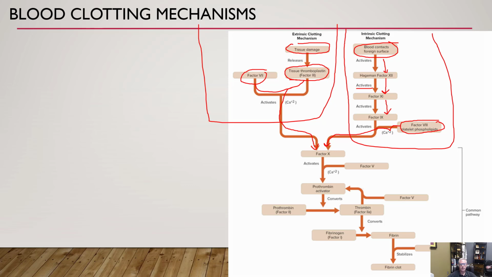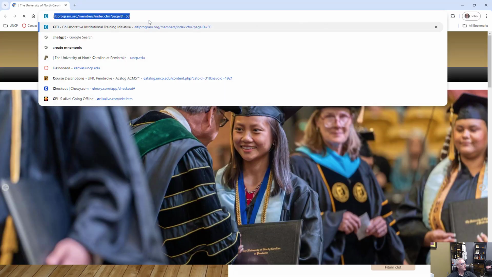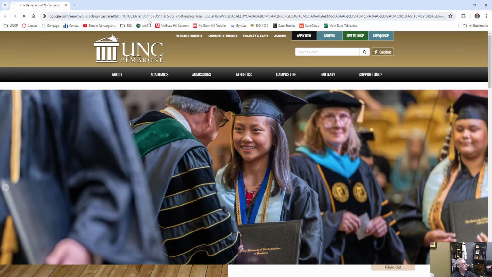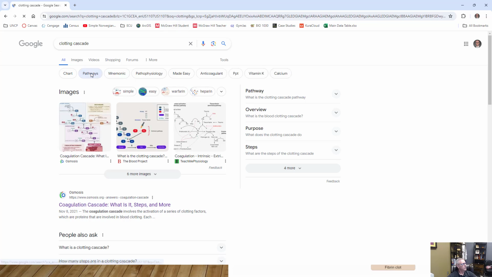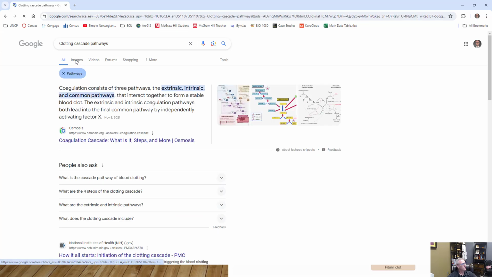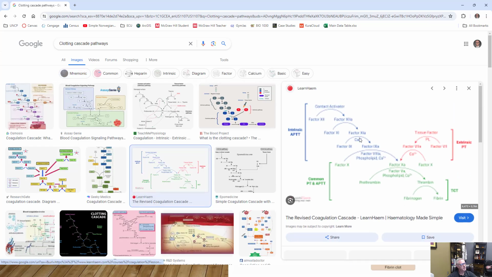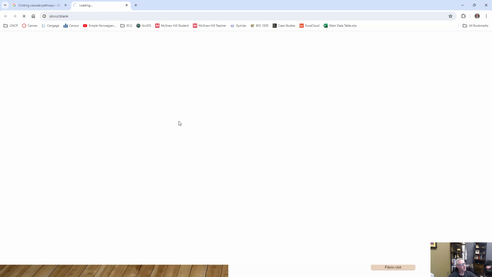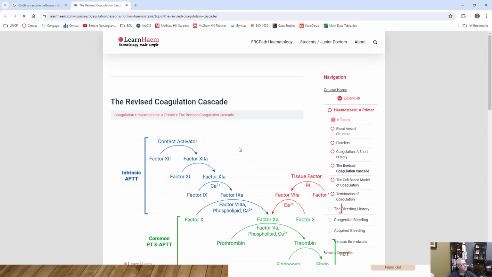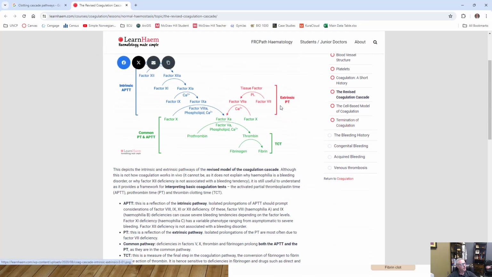Now, I'm actually going to pull up this image that I like, because remember I said that I like it because it has the enzymes in there.